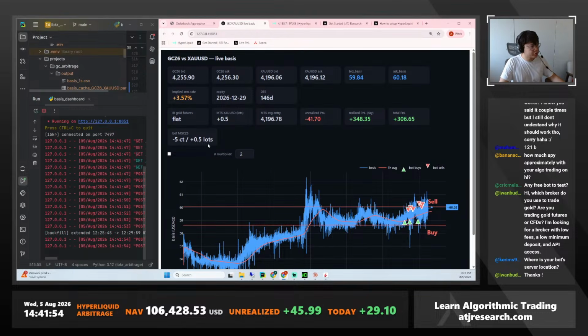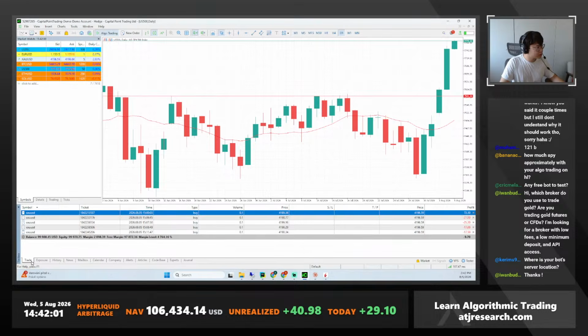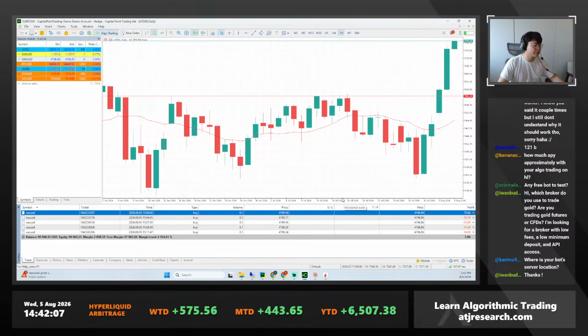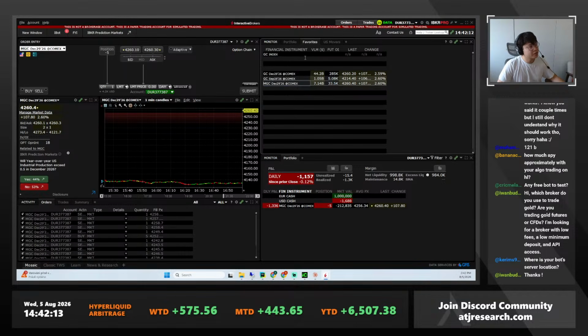So right now we see that this trading bot is 5 MGC futures short, and it is 0.5 XAUUSD long. The nice thing about this strategy is that it doesn't need a hedging account. Sorry, netting account. It can use a hedging account, so I can separate trades here, and that is because the CME futures have a minimum contract size, right?